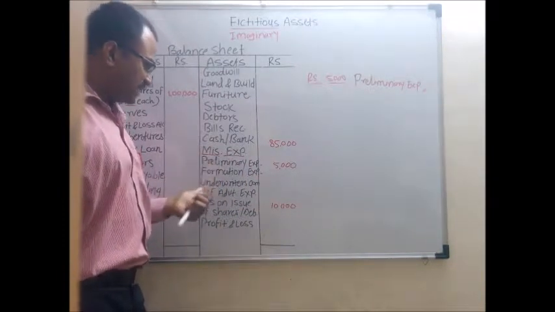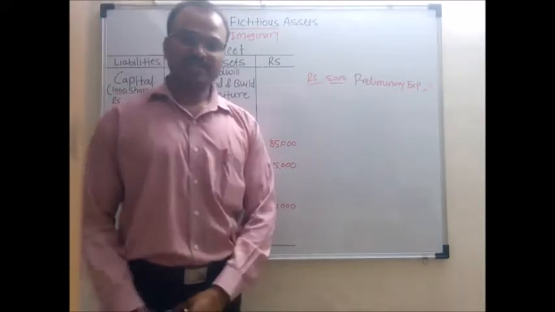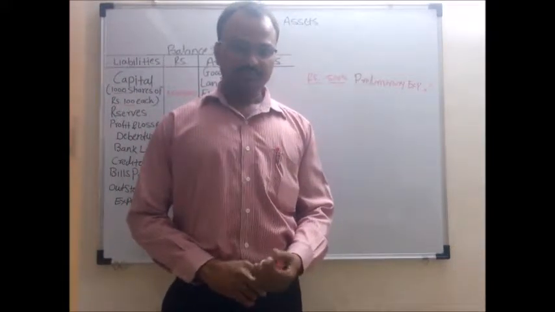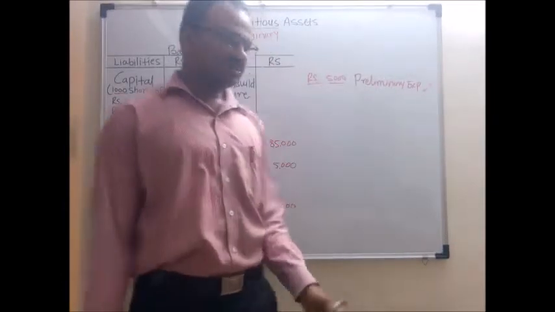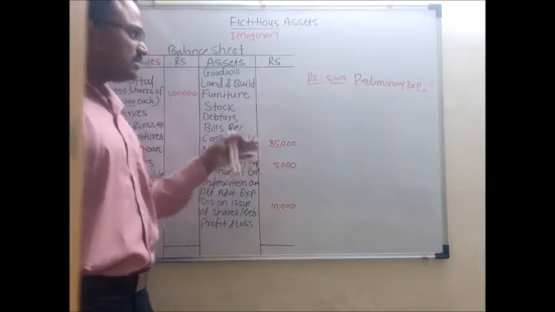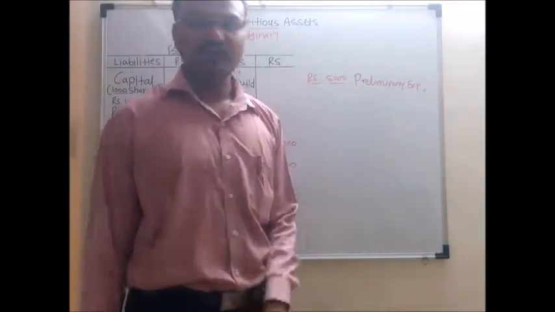Next, miscellaneous expenditure includes underwriters' commission. This commission has to be incurred on the issue of shares if we want to insure the issue. In that case, we have to incur this underwriter commission. So these types of expenses get created over a period of time.